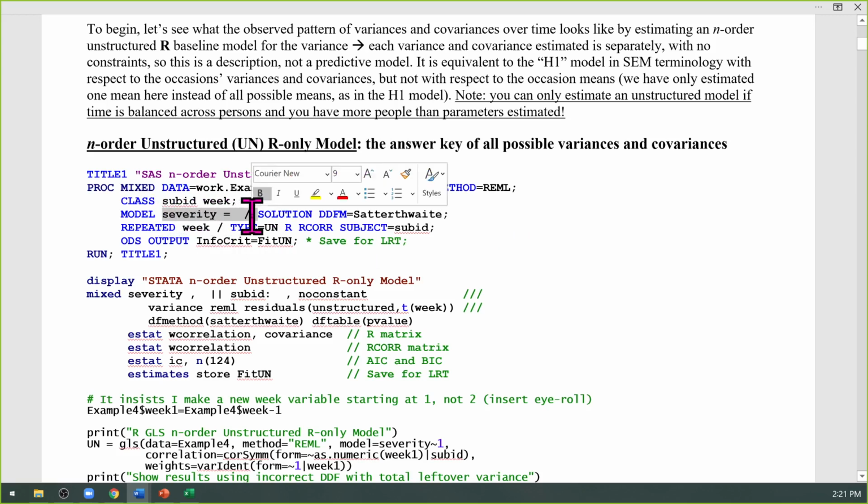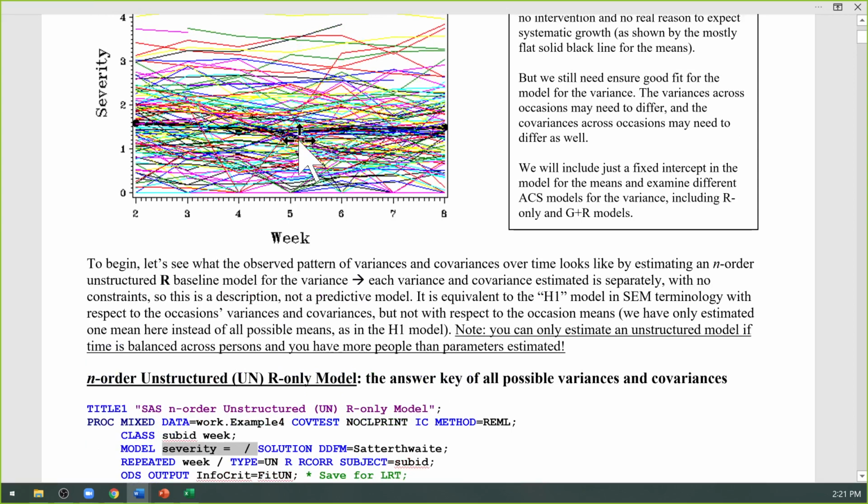There are no predictors with respect to time. So only a fixed intercept in this model, because I don't need time as a fixed effect. There is no change over time. So I don't need a different mean at each occasion if the means aren't changing. So a fixed intercept is what I'm doing throughout this entire set of examples. We are focusing entirely on the model for the variance.